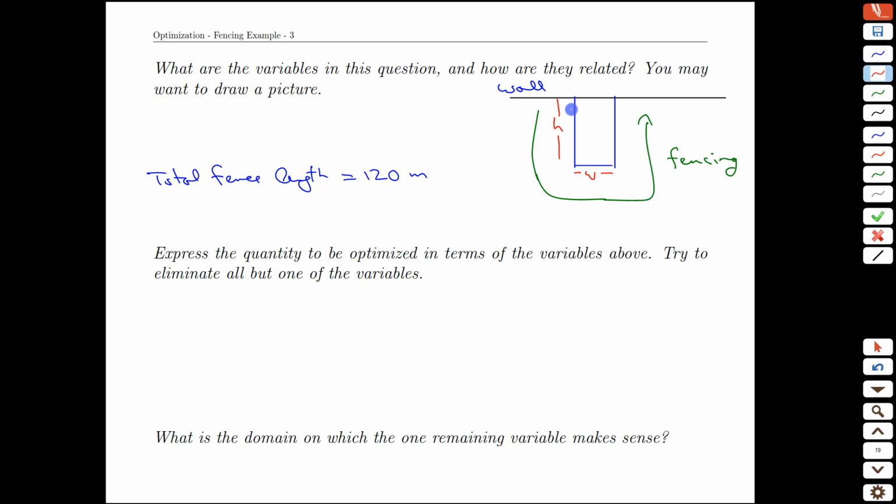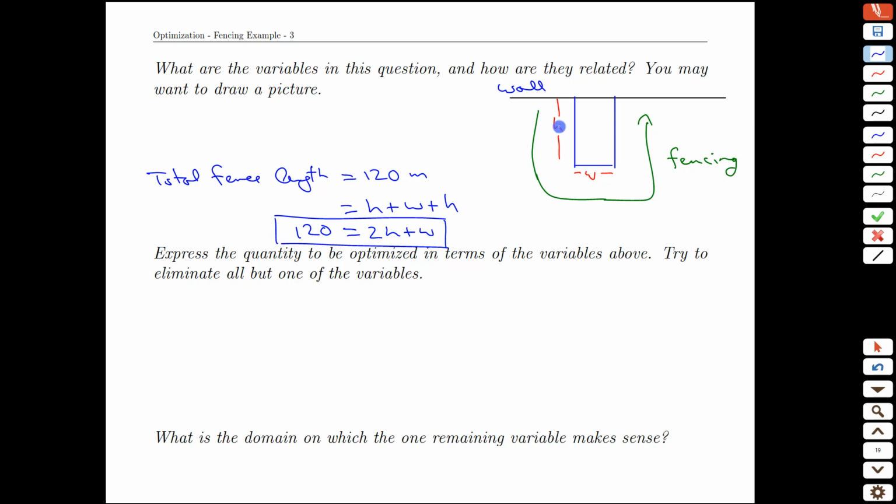And that's going to be made up of 1 h plus 1 width plus another h on the far side, or 2h plus w. And that's one relationship between the variables.